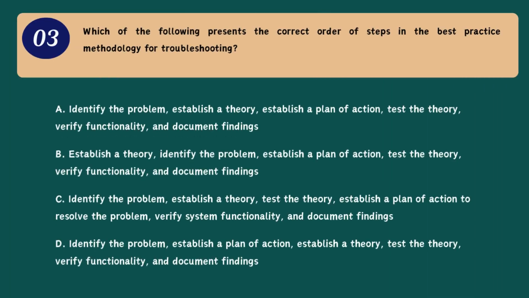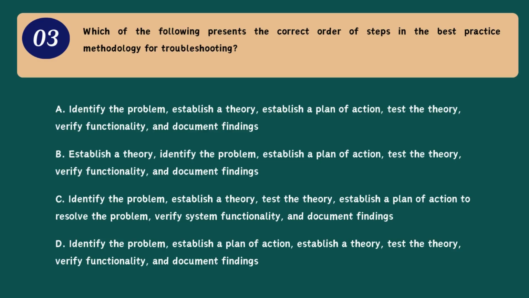Question 3. Which of the following presents the correct order of steps in the best practice methodology for troubleshooting? A. Identify the problem, establish a theory, establish a plan of action, test the theory, verify functionality, and document findings. B. Establish a theory, identify the problem, establish a plan of action, test the theory, verify functionality, and document findings.